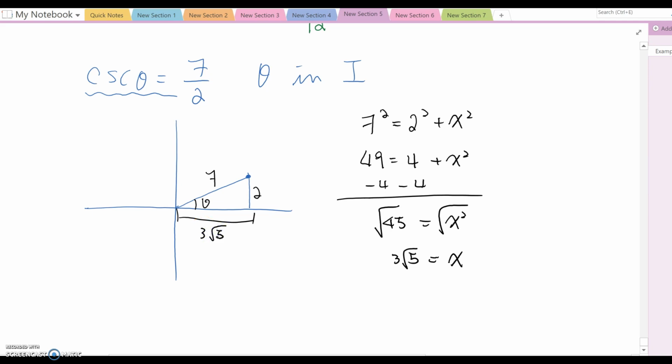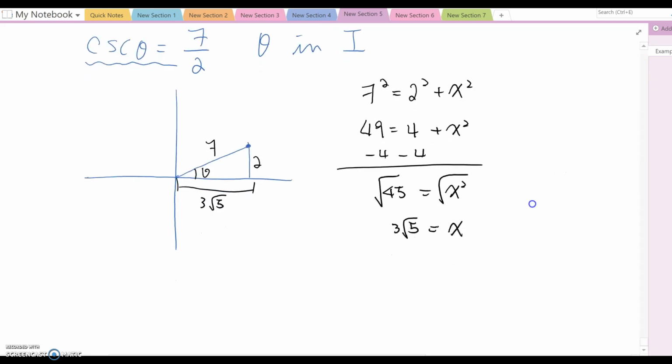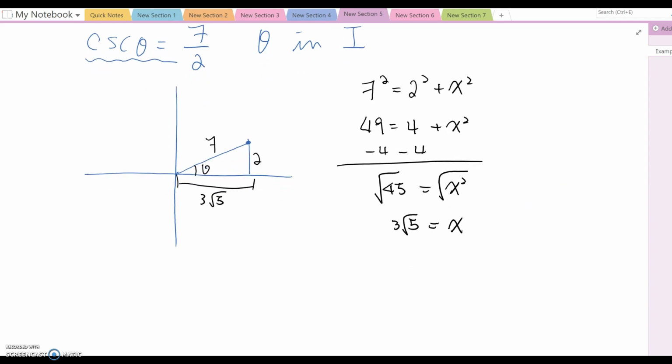So now we know the cosecant value, so we can find the other five trigonometric values as well.